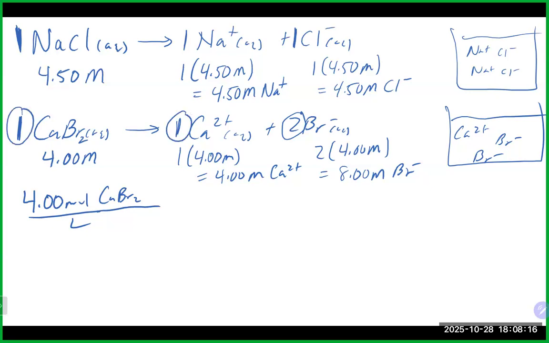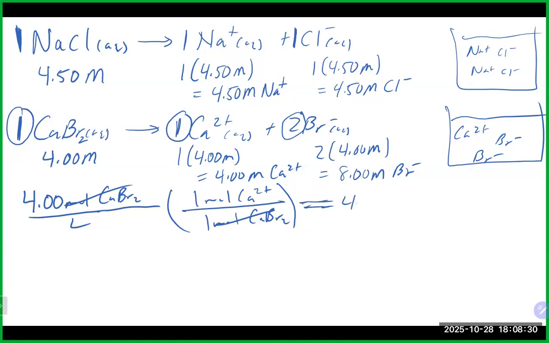It's a 1 mole to 1 mole relationship: 1 mole of calcium ions for every 1 mole of your calcium bromide. The moles of calcium bromide cancel, and that leaves us with 4 moles per liter of our calcium ions. So again, that is how we get to that 4 molar.